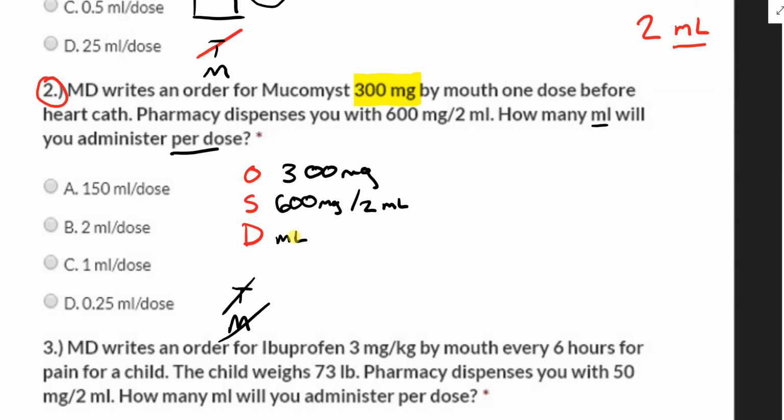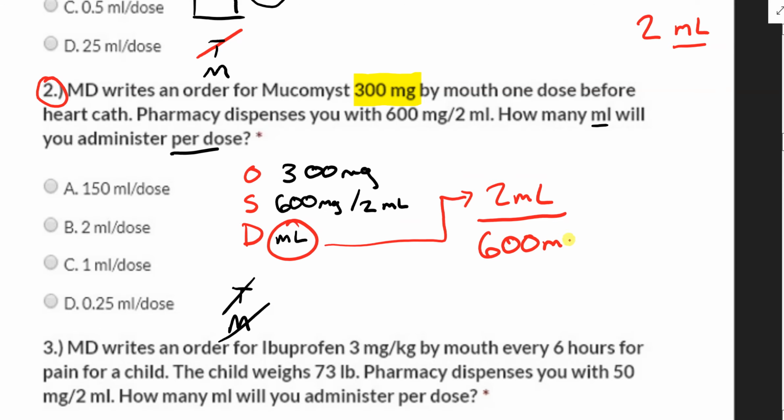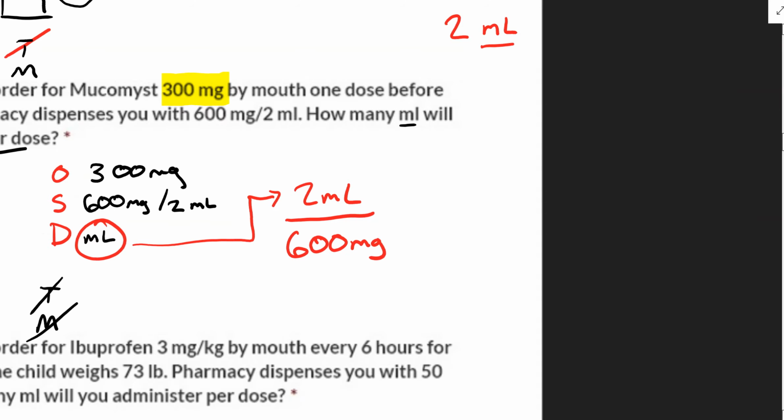Okay, so what do we want? Let's start with our milliliters. Which one do we have that's milliliters? 2 milliliters, right? So let's start putting that here. So 2 mLs over 600 milligrams, and then we put that over 300 milligrams. Remember, we're trying to cancel these units out. I have a little saying: when in doubt, cancel out, until you're left with the units that you need.